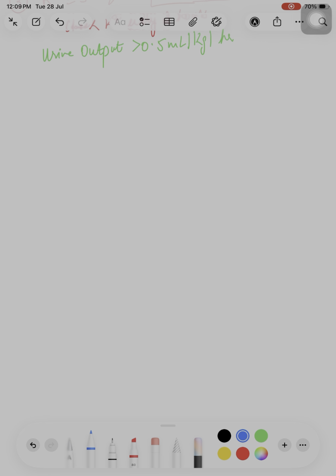Next is the insulin part. Insulin you have to give after checking the potassium, right? This point you should remember. You should check potassium before giving the insulin. In insulin, one is the bolus dose and one is the continuous dose.